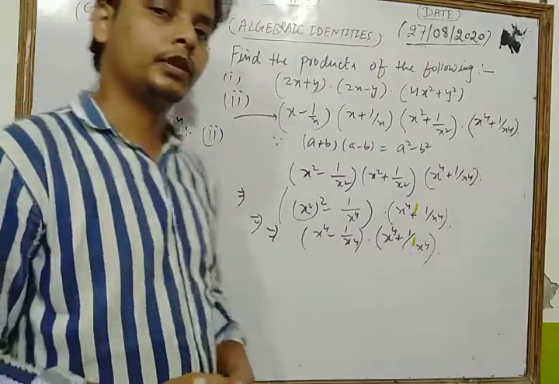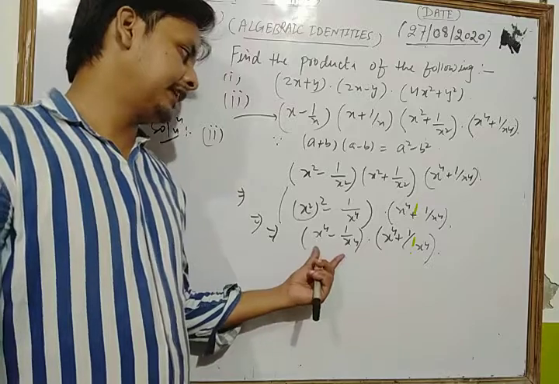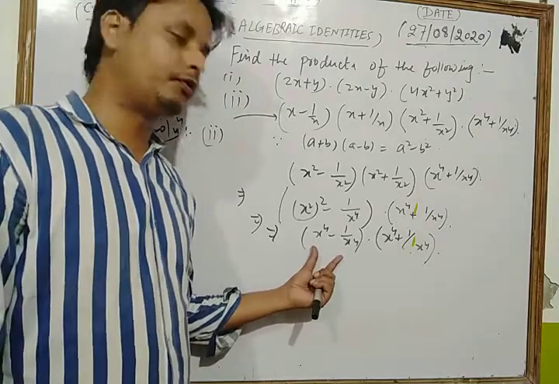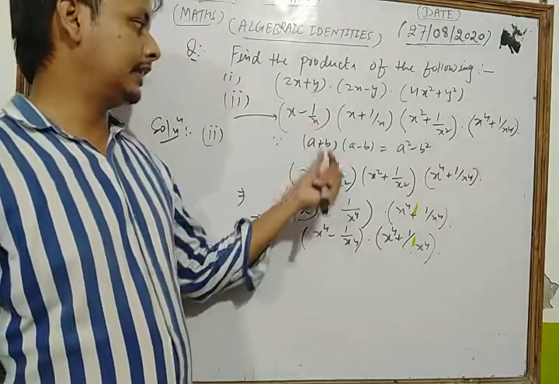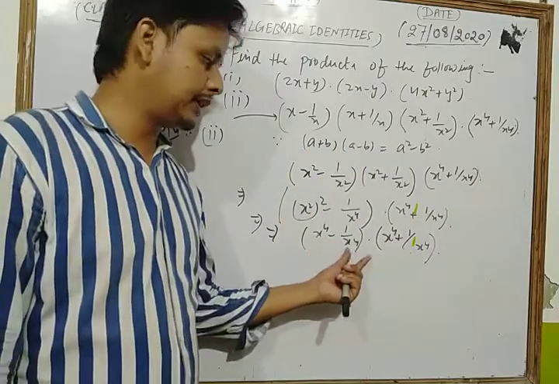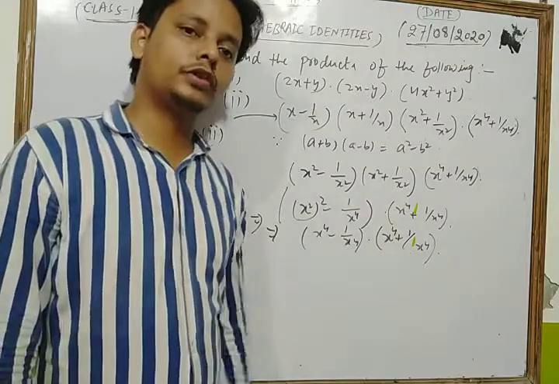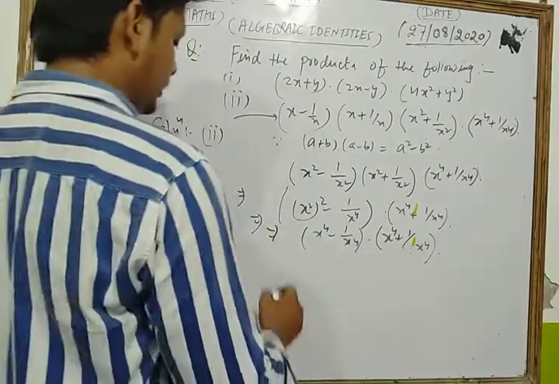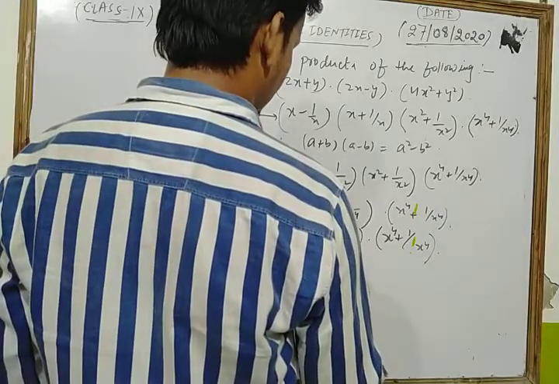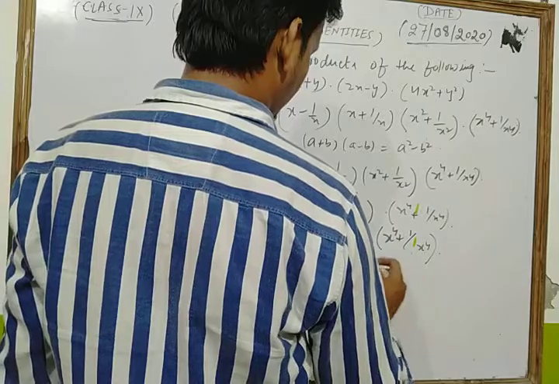Now look. Now what I do, dear students, here we again apply the formula (a + b) into (a − b). Here a is x⁴, b is 1 upon x⁴. So a minus b or a plus b, so we can write a² − b².